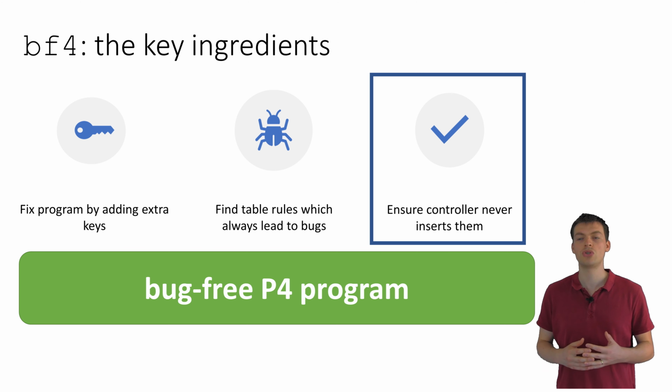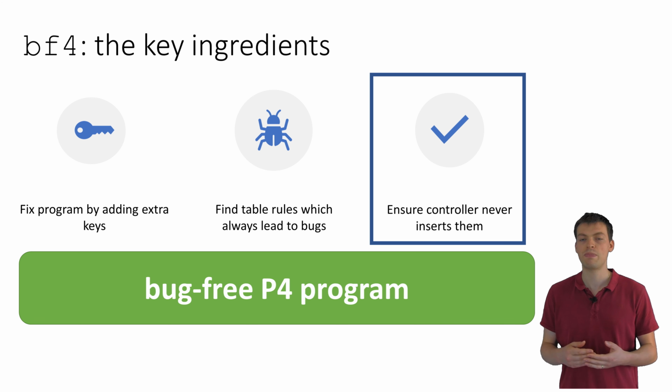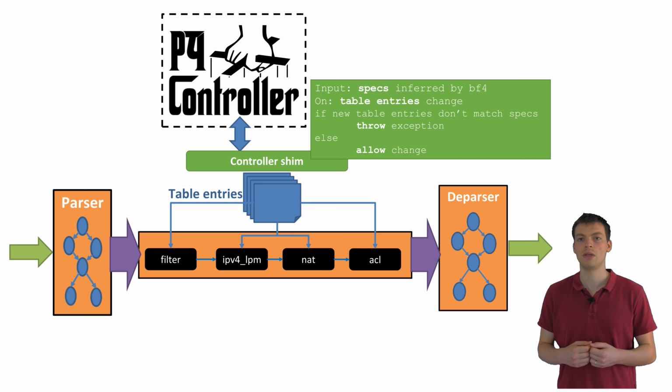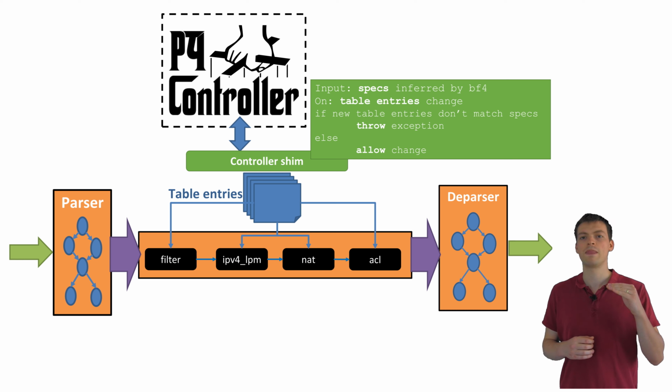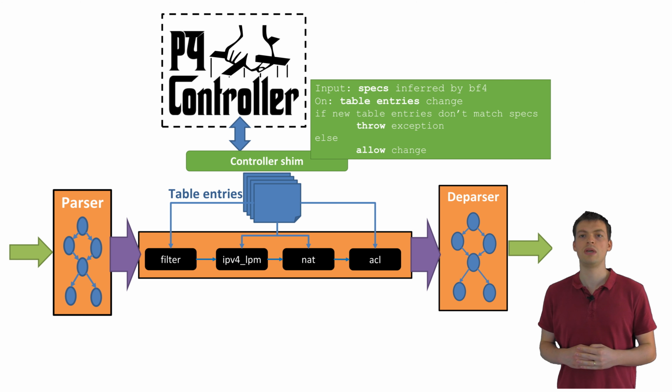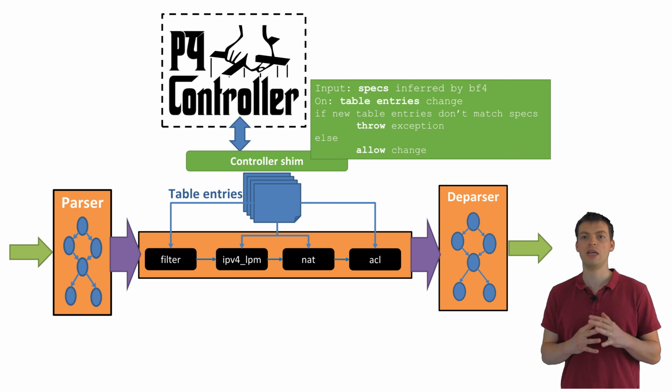Okay, so now that I've shown you the static part of bf4, I'll now focus on how to ensure the correctness properties inferred by bf4 are respected at runtime. In order to do that, what we do is that we insert a shim software between the controller and the P4 data plane, which intercepts all table modifications.